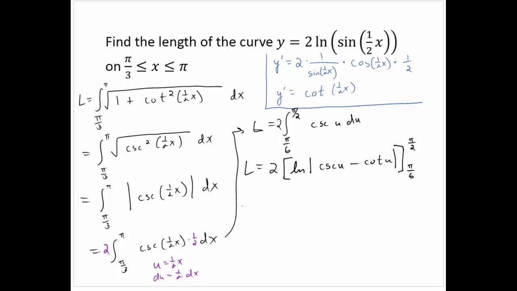So the arc length would be 2 times, substituting the pi over 2, the natural log of the absolute value of cosecant of pi over 2 minus cotangent of pi over 2, minus natural log absolute value cosecant pi over 6 minus cotangent pi over 6.